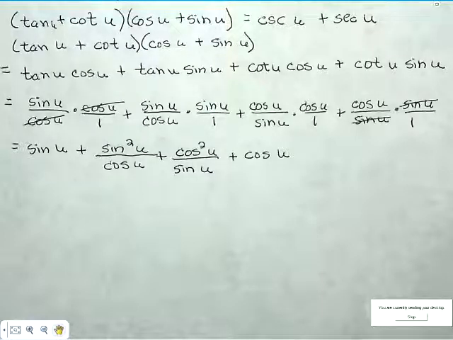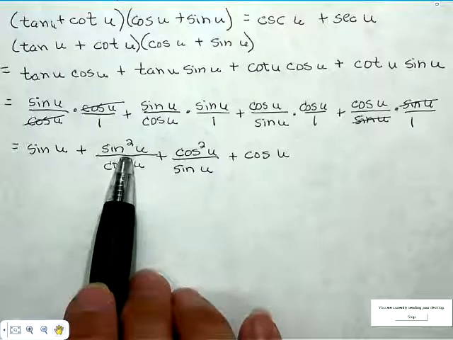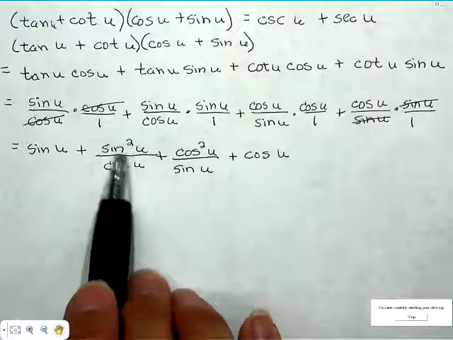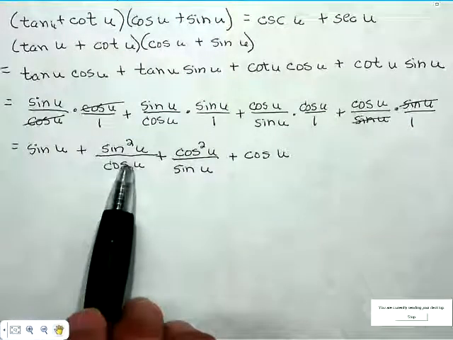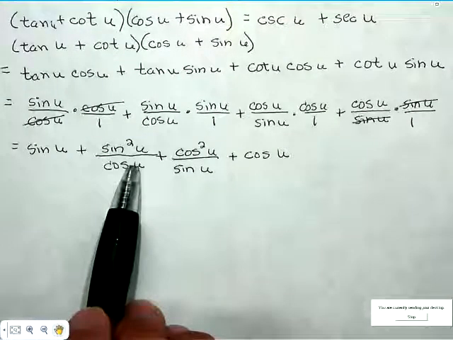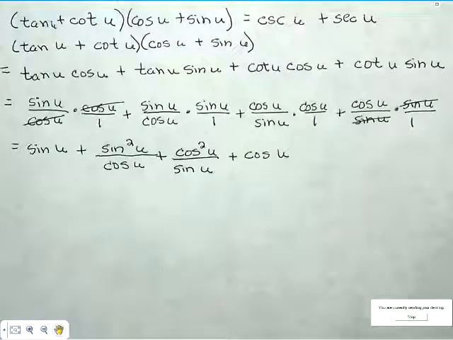That's what I was thinking. Maybe either write sine squared as 1 minus cosine squared or cosine squared as 1 minus sine squared. I don't see where that'll lead me, but I can't really think of anything else to do other than get a common denominator, and my gut says stay away from the cubes.